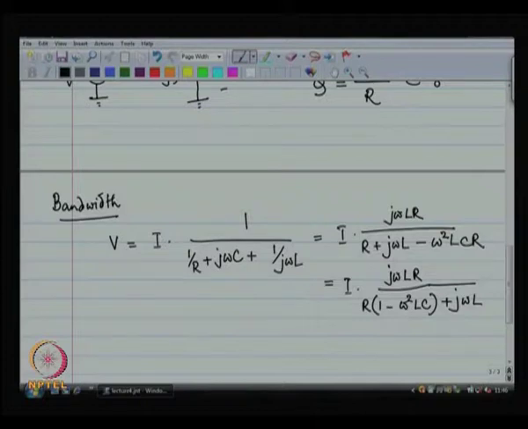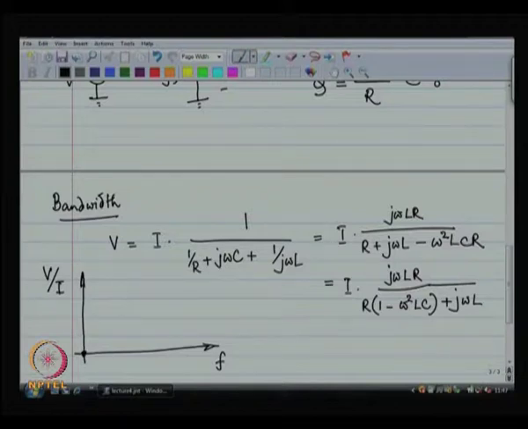Now, if I ask you what is the bandwidth, I can plot V by I as a function of frequency. At low frequencies, at DC, V by I is going to be 0 because omega is 0.